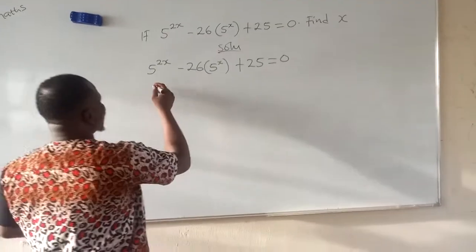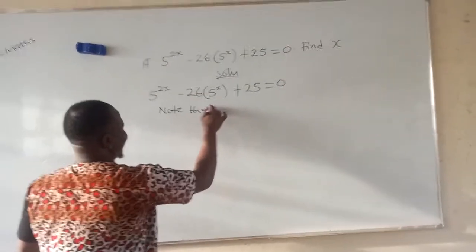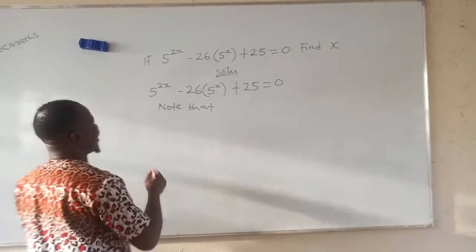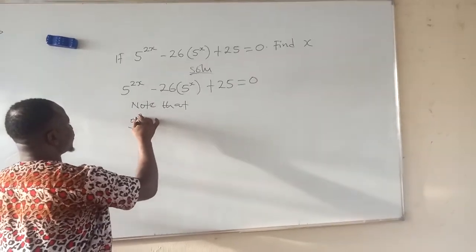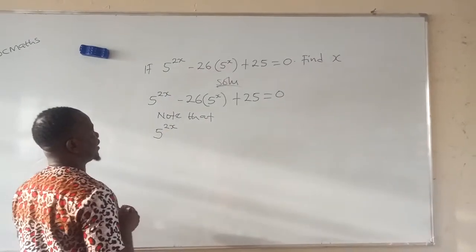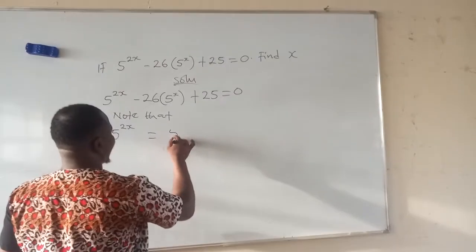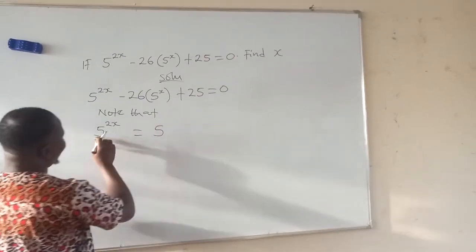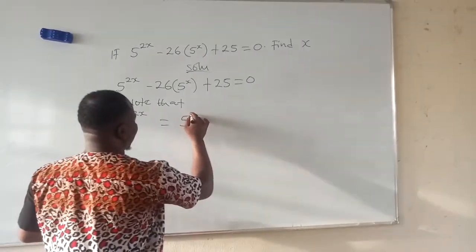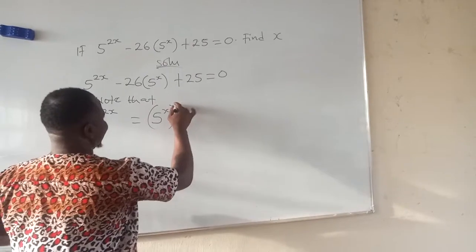Note that in indices, assuming 5 raised to the power of x, do you know that 5 raised to the power of 2x is the same thing as 5 raised to the power x close bracket raised to the power 2?